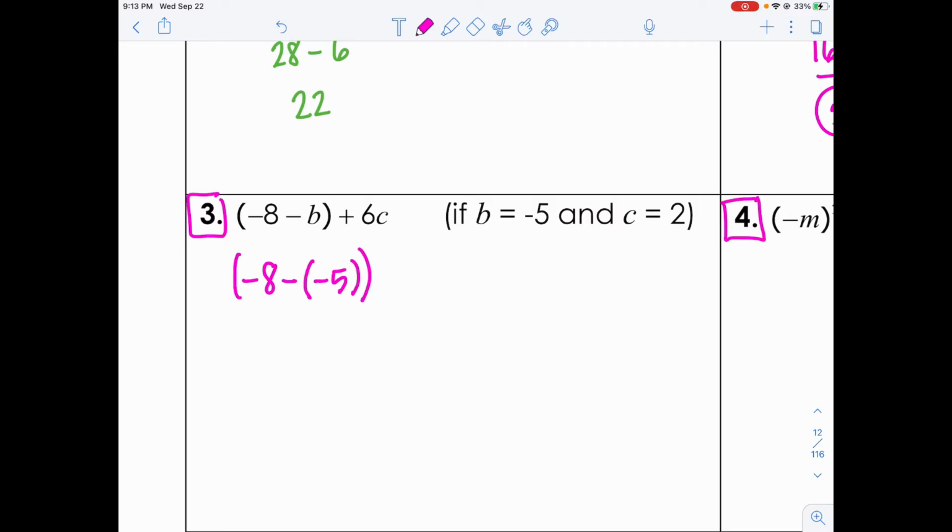And the reason is because if I don't, I might accidentally confuse this as my negative, and that is my subtraction. So it really should be a negative 8 minus, and then for b, it's a negative 5. So it's a negative 8 minus a negative 5 plus 6 times, and for c, I'm going to plug in a 2.